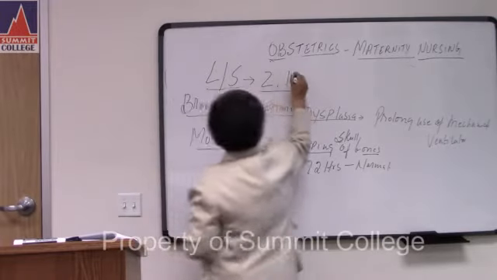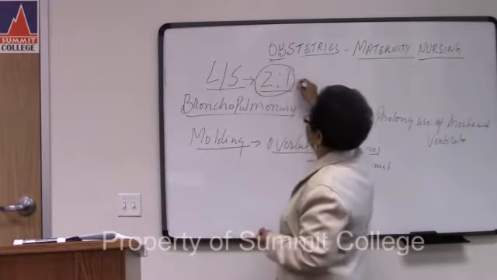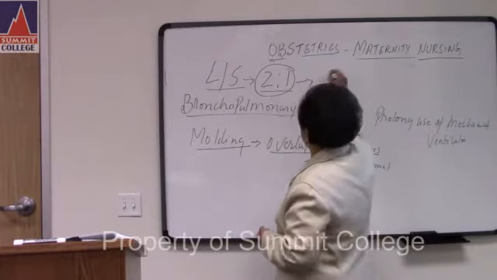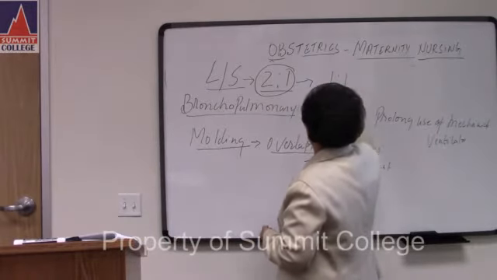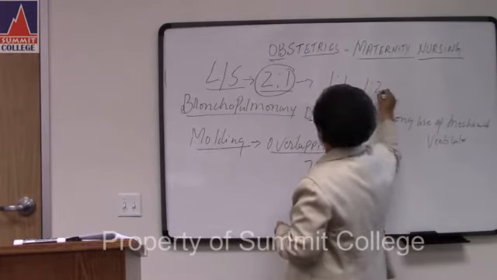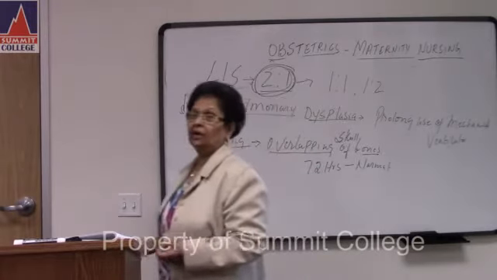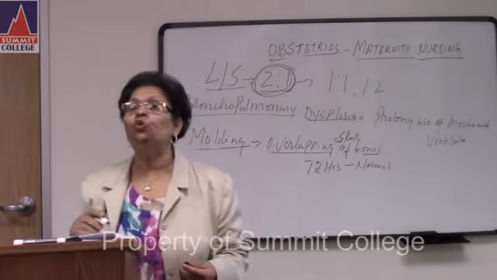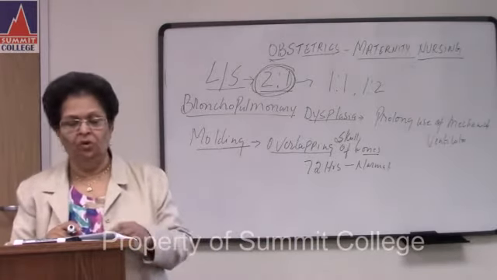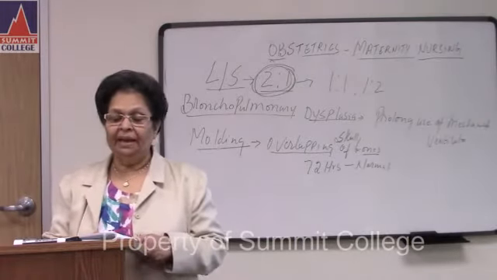If any question, early baby is coming out and they say LS ratio 1 to 1 or 1 to 2, that is low. Only when your lecithin level is 2 to 1 are the lungs mature.